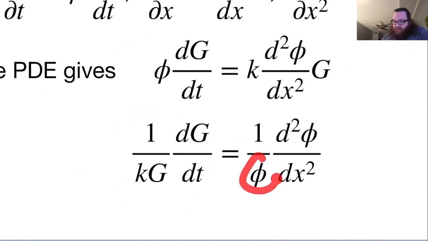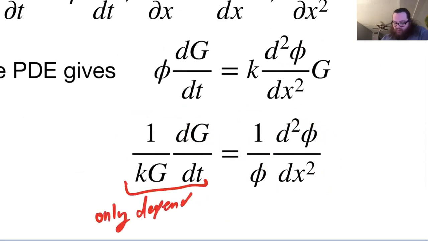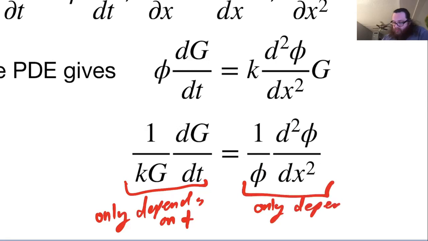Likewise, phi only depends on x, and hence d squared phi dx squared only depends on x. So everything on this side only depends on x. This side only depends on t, and this side only depends on x.